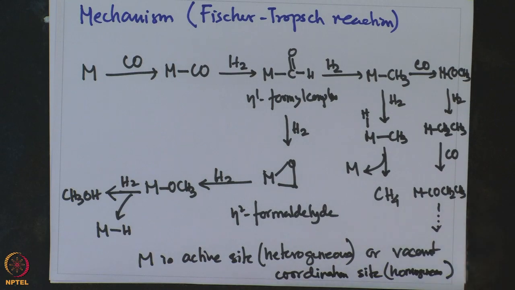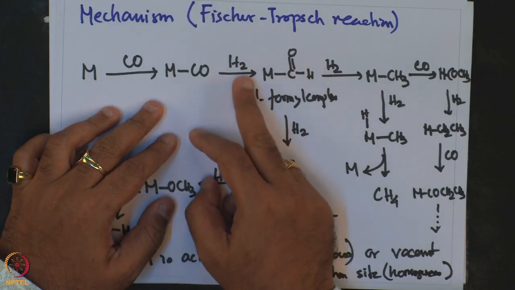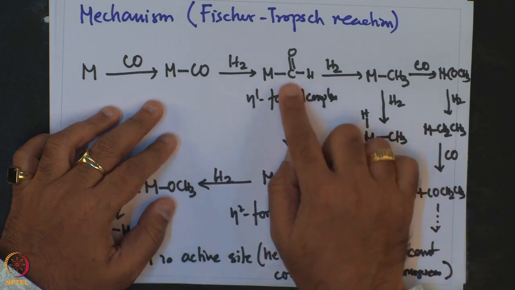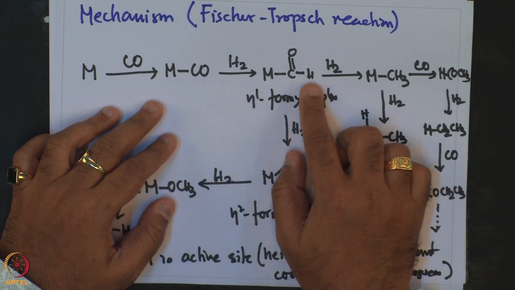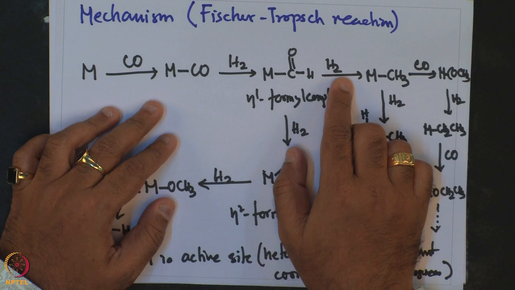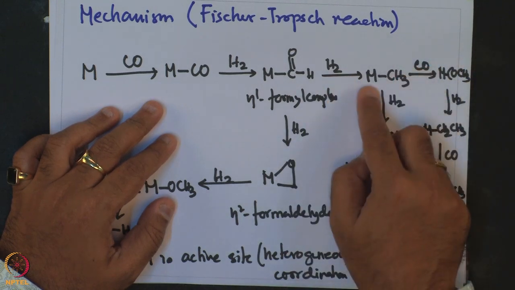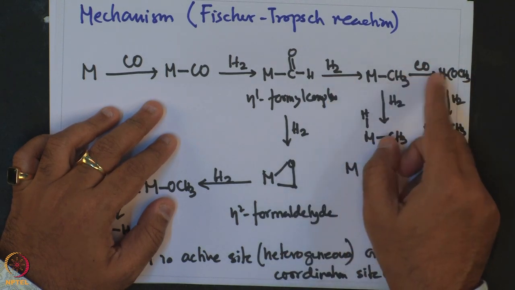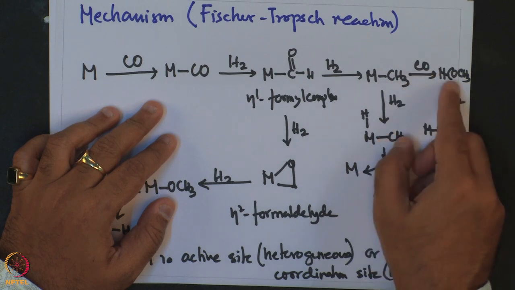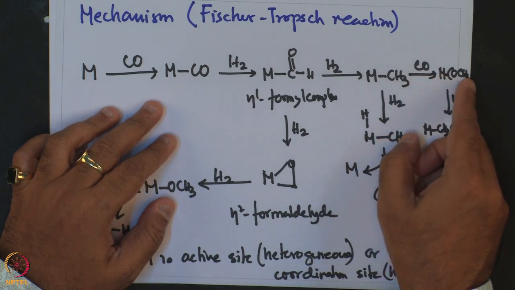So, the mechanism involves first the activation of carbon monoxide by coordination to the metal carbonyl, then reaction with hydrogen to give the metal formyl complex. The reaction of the metal formyl complex with hydrogen gives the metal methyl complex, and the further insertion of CO gives the metal COCH3.